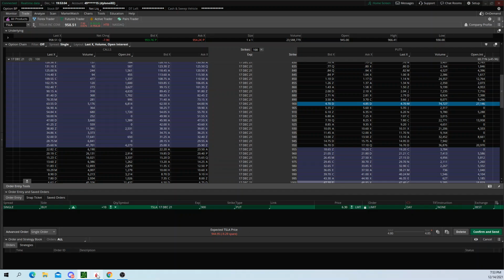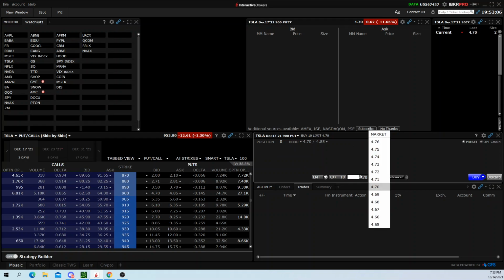Okay, so $6.30. You go over here if you use Interactive Brokers. Let's type in 6.3. So when Tesla gets near our entry point, all we have to do is press buy once the entry triggers.